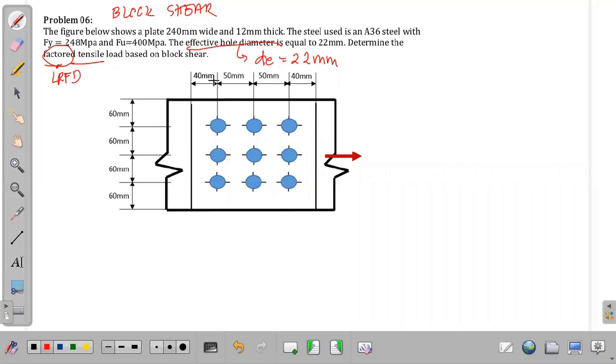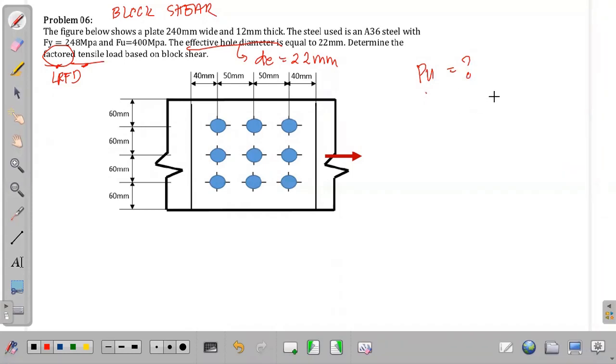So we have here the diagram for our block shear. So to solve for the factored tensile load, ano yung magiging factored tensile load natin sa LRFD? That is Pu. Diba? Yan yung hinahanap. This is the required factored tensile load, Pu.